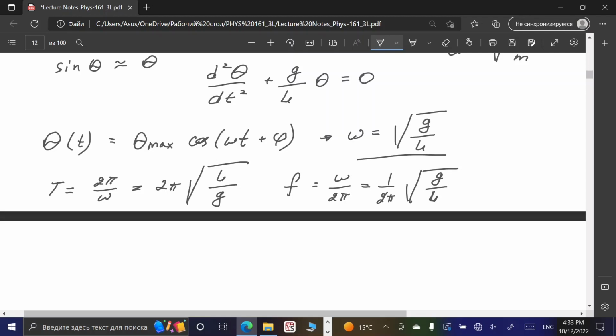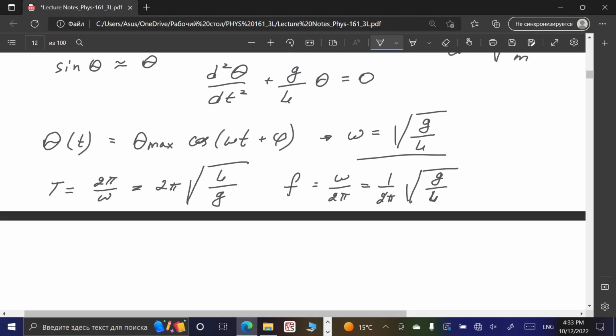And also we can measure precisely the length of the pendulum. So there are two parameters which we can measure, and there is one unknown, which is acceleration of free fall.